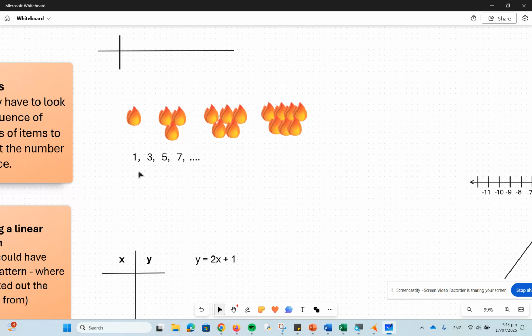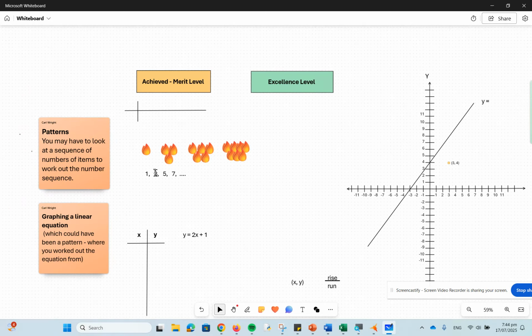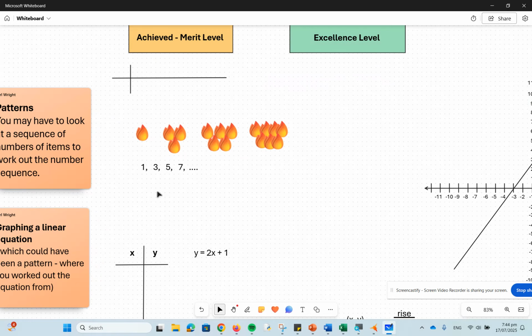I'll turn that into 1, 3, 5, and 7. If they give you pictures, just turn it into a number pattern. If I give you a number pattern, you don't have to count everything. But the first step, if it is pictures, is to turn it into a number pattern, and then from there we work out our number pattern.